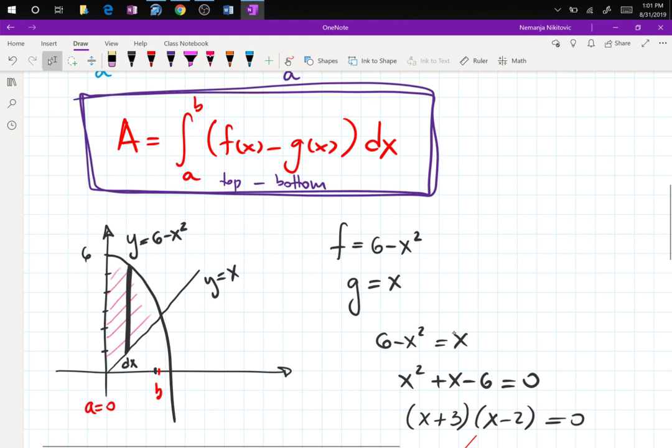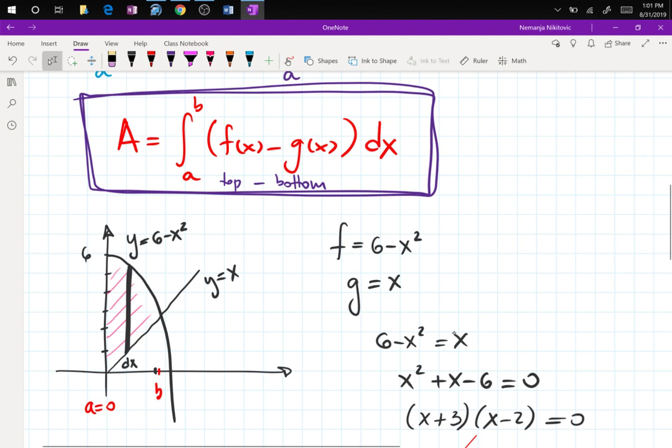The representative rectangle has a top and a bottom. Observe that the top always rides f of x, the function on top. The bottom of the representative rectangle always rides the linear line in this case, which is the bottom function. Top of the rectangle minus the bottom of the rectangle.